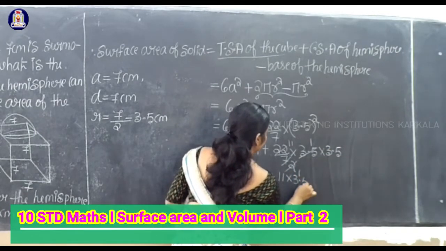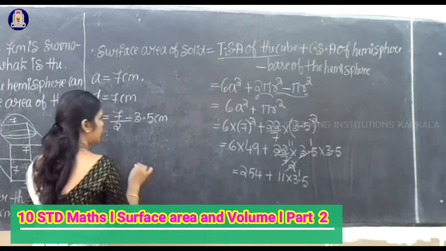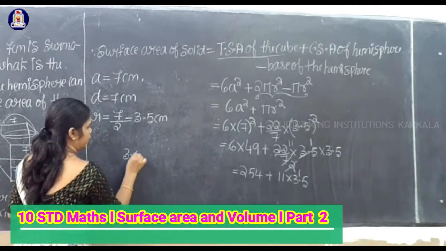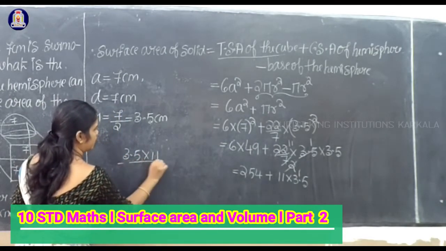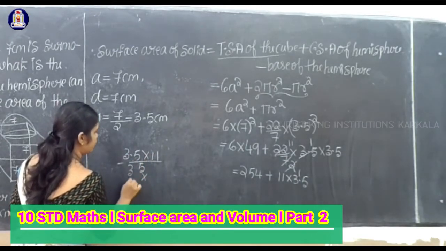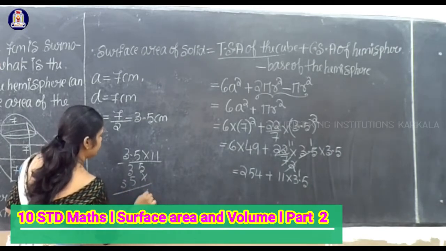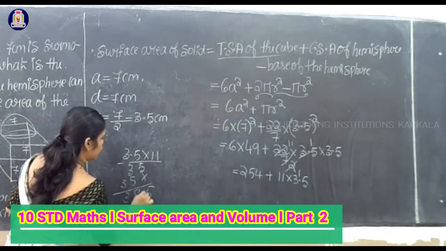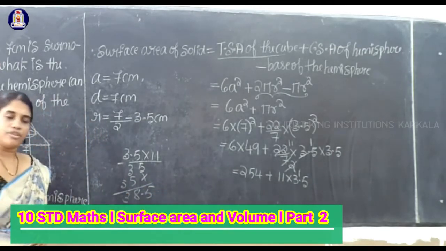Now I multiply 3.5 into 11. 5 ones are 5, 1 3s are 3, again 5 3s, so you will get 38.5.